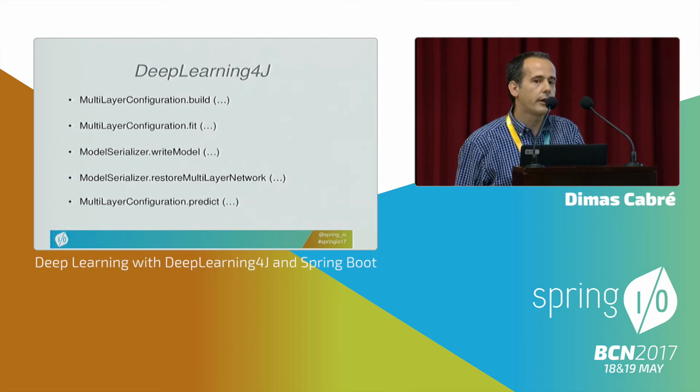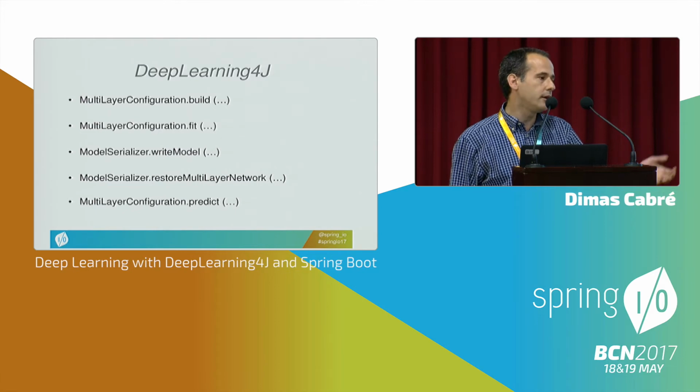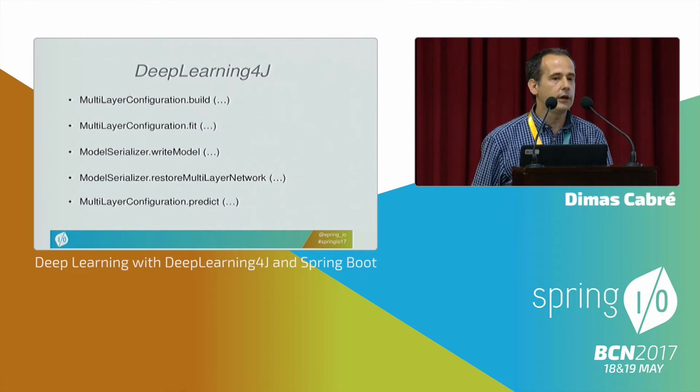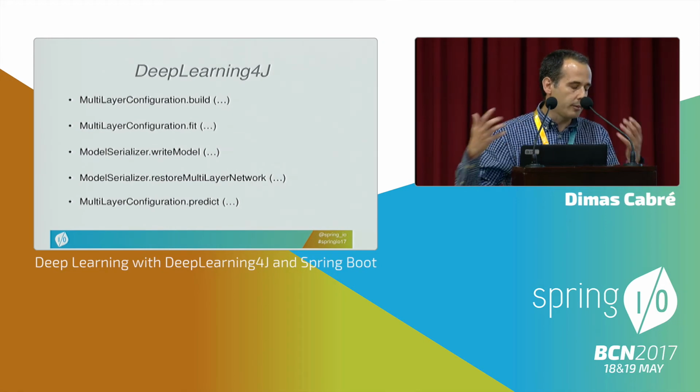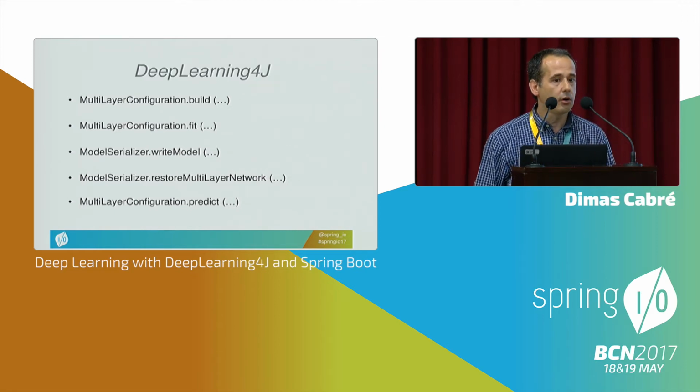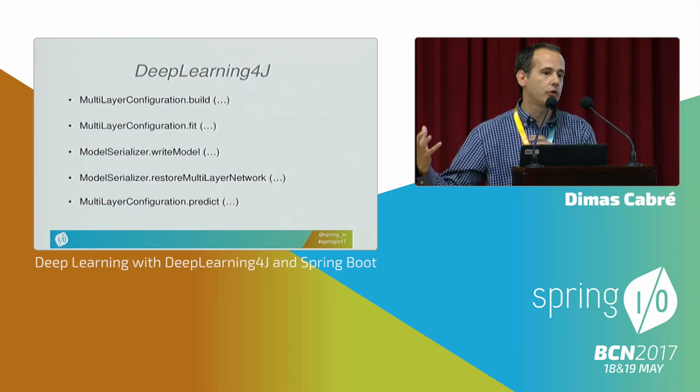When you think your neural network is already trained and is able to make the predictions you expected, you can export your model with the write model method, and you can import your model in another scenario, let's say in another virtual machine. In terms of the development life cycle, you can think about training your model in a development or integration scenario, and when the model is ready to be used, you can export it and import it in a production environment.